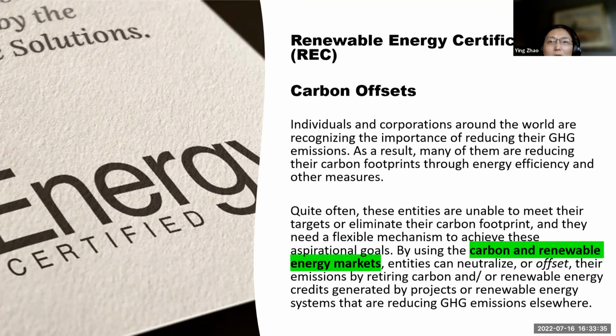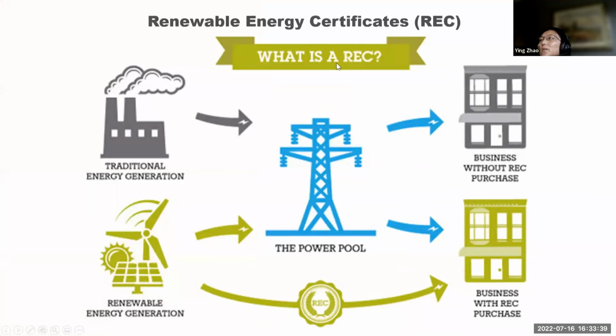So what are renewable energy certificates? That is called the attributes of renewable electricity, because for your power grid, there are lots of sources, like traditional power plants and renewable energy sources.